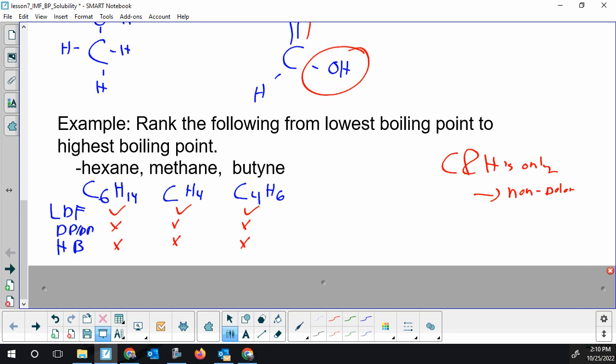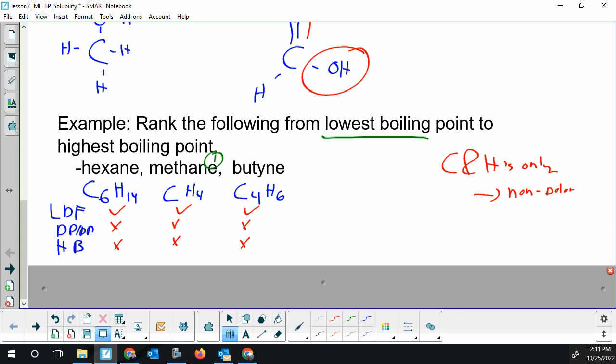So let's reread the question. Rank the following from lowest to highest. So what has the least boiling point, the least forces? That'd be the least electrons. So that would be our methane. Second on our list, as we head towards the highest, would be the second most electrons.